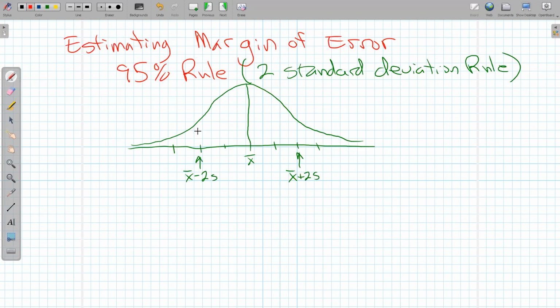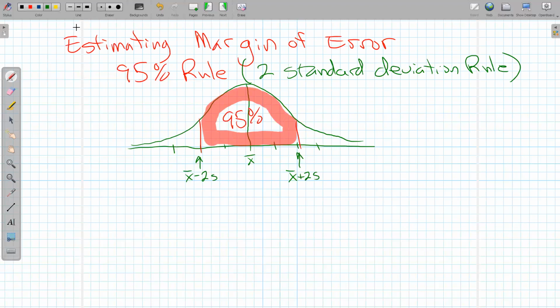And what happens is that most of the time, if you look at all the individuals that live in the middle here, about 95% of the data is going to live in this region right here, within 2 standard deviations of the mean, which is most of the data.